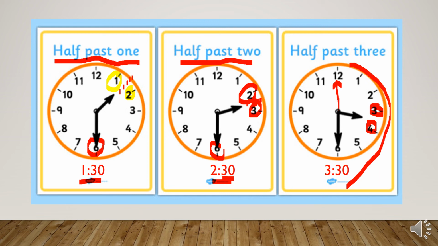This is why I said it's 3:30. I hope everything is clear and nothing is confusing. I will explain some more exercises, but while you are listening to the video, if you have any question, I will be very happy to listen to your question and answer you.